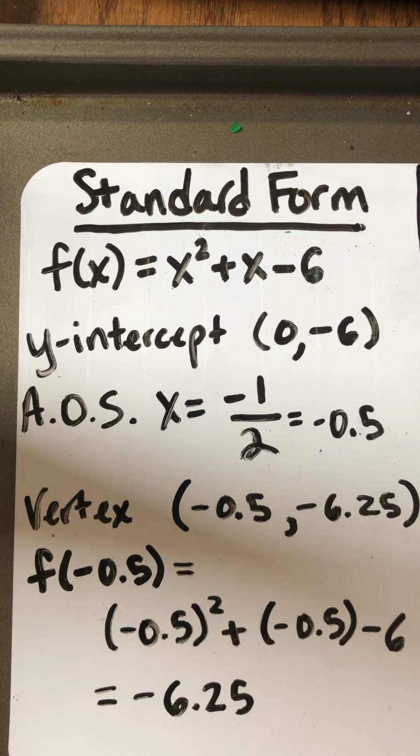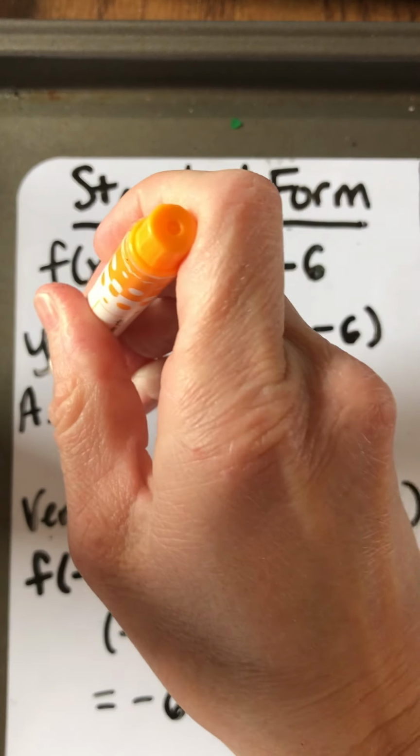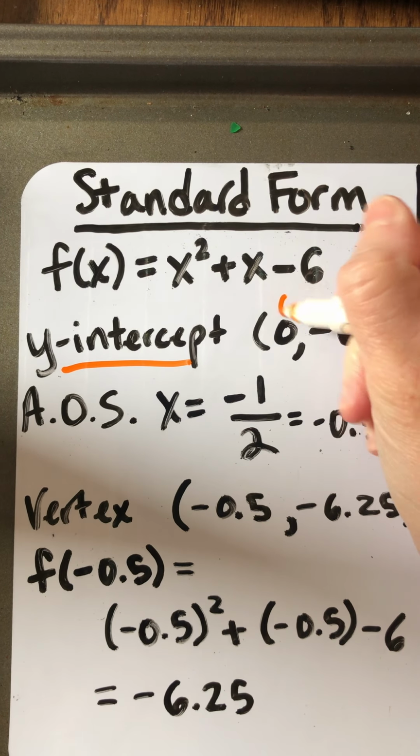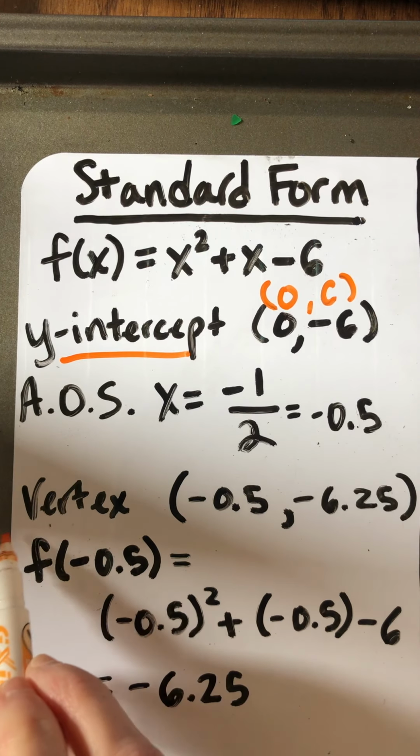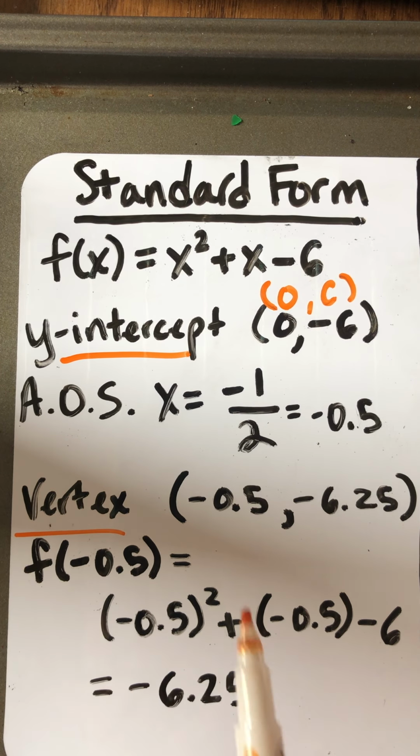So the pieces of information that we were able to glean about this parabola when it's given to us in standard form were the y-intercept, which is (0, c), and then the vertex, which we found by taking that axis of symmetry and plugging it in and evaluating our function for that value of x.